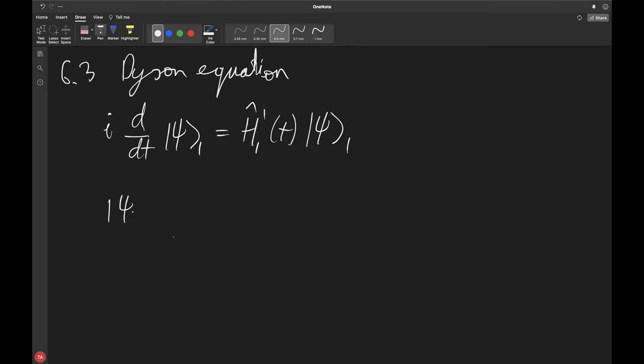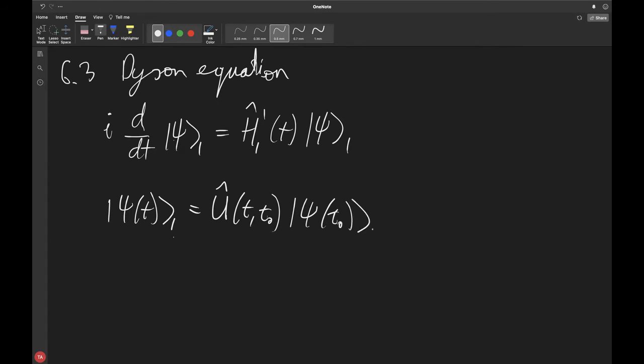So the psi at t time in the interaction picture is something which you can get using the U operator, which is acting to the right. So it moves the state from the t0 time into the t time.